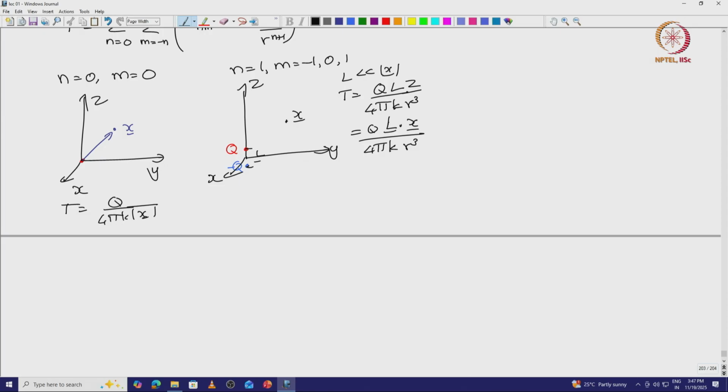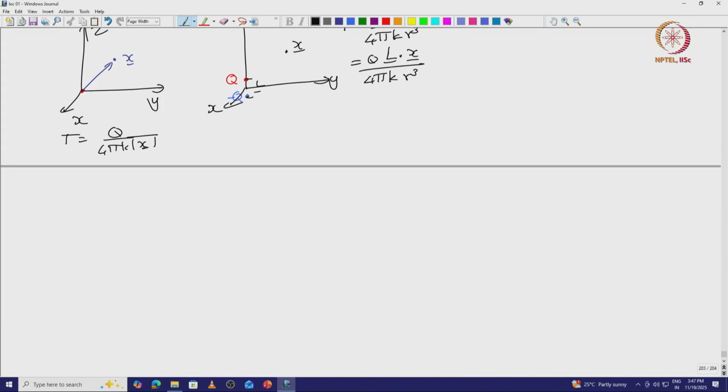And then we were discussing the point quadrupole. For that point quadrupole, we had considered one particular case, n is equal to 2. m of course can go from minus 2, minus 1, 0, 1, 2.